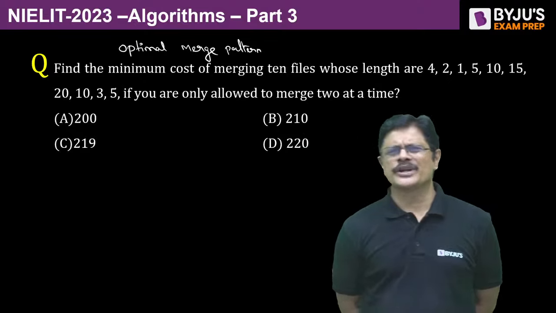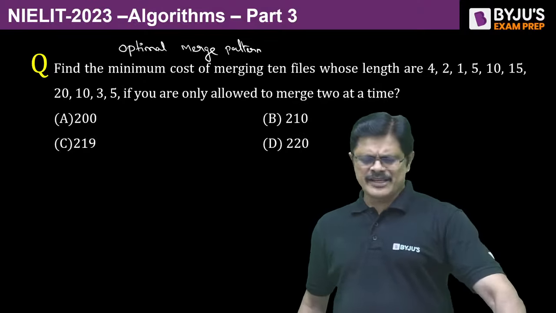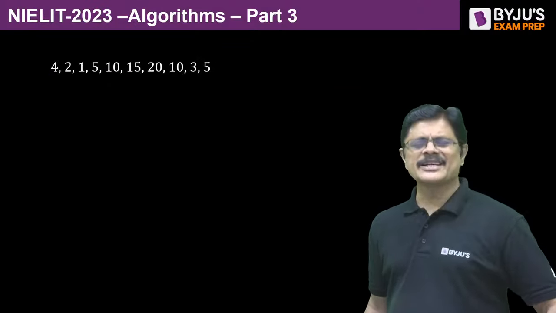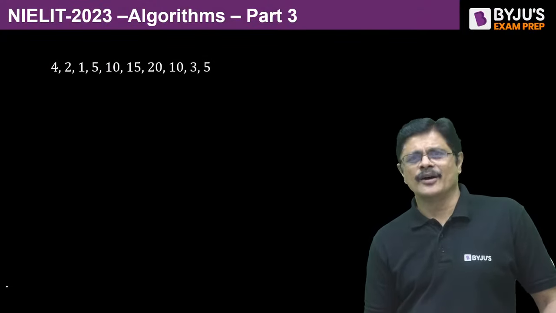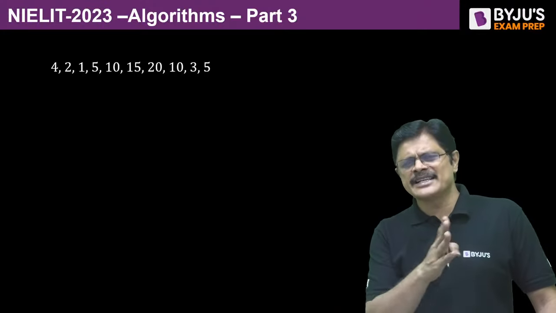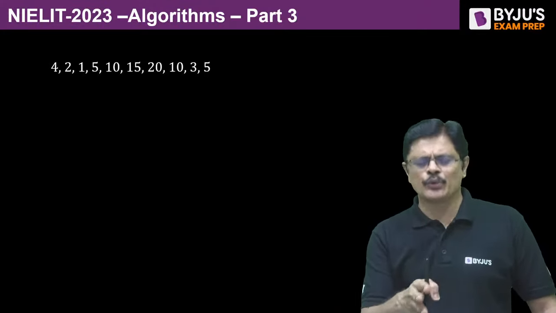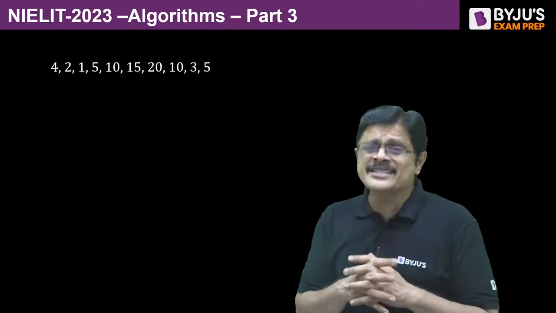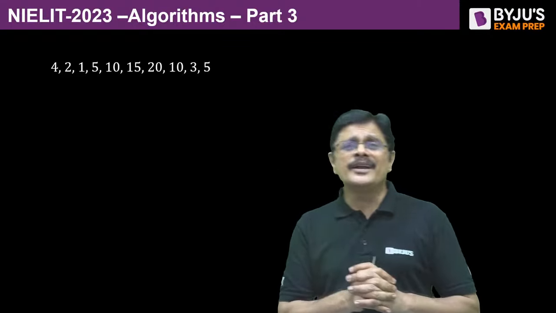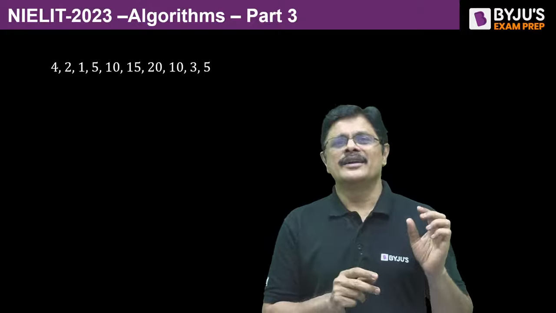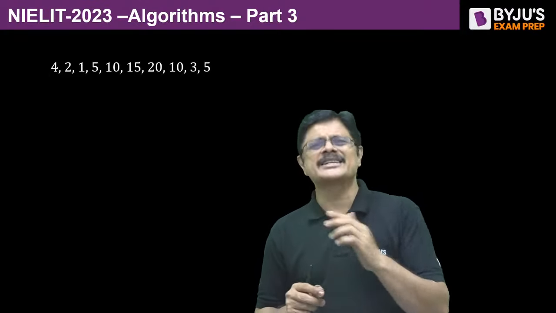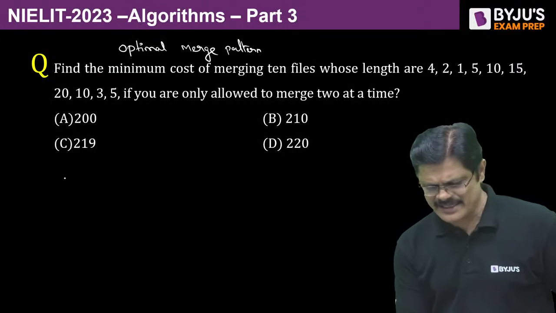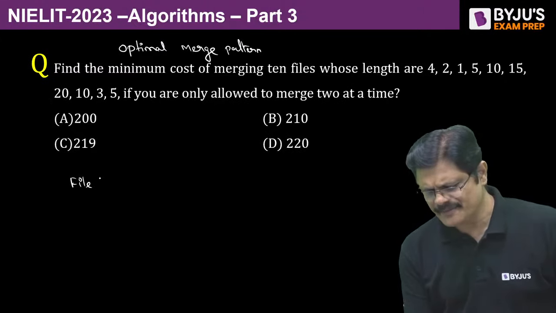Here also the story is very simple, my dear friends. First, you arrange them in sorted order. Each file has some records, like 1 record, 2 records, 4 records. So you arrange the files according to non-decreasing order of their lengths. File length here we can consider as the number of records in the file.